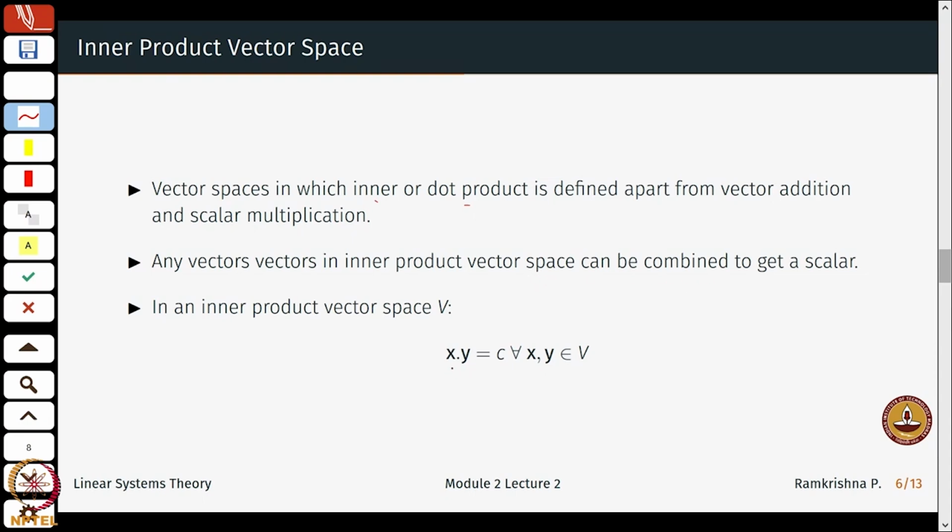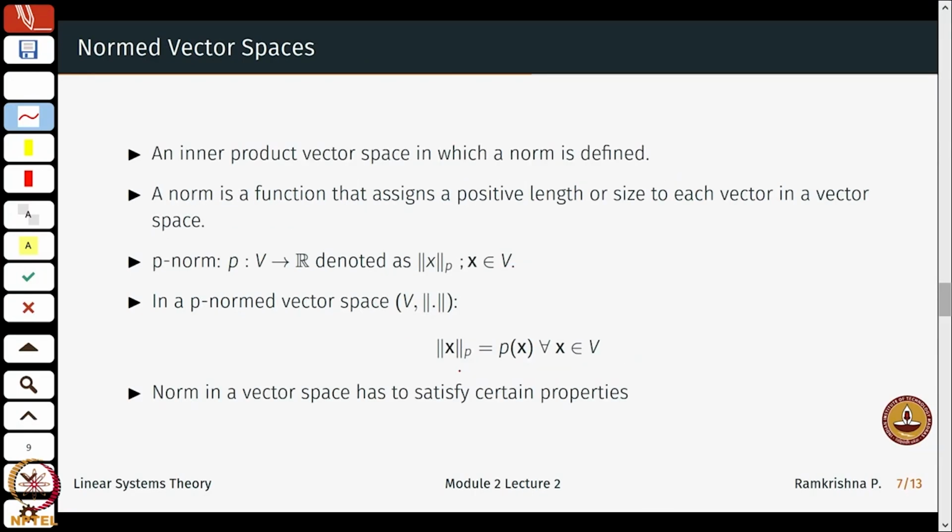If I take the dot product of two vectors x and y, I get some number c where c is in R. We know this a little from our high school calculus. Any vector space equipped with an operation like this, the dot product, is called an inner product space. Rn, or R3, is a very simple example of that.